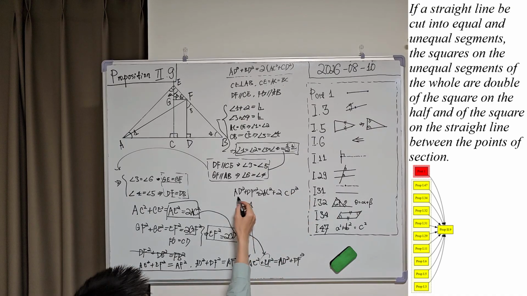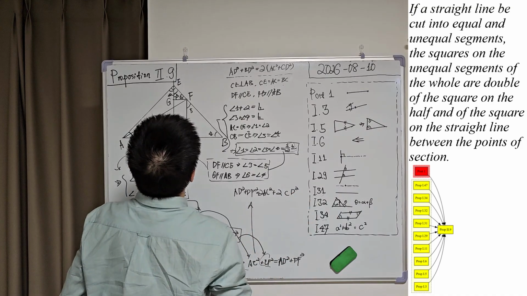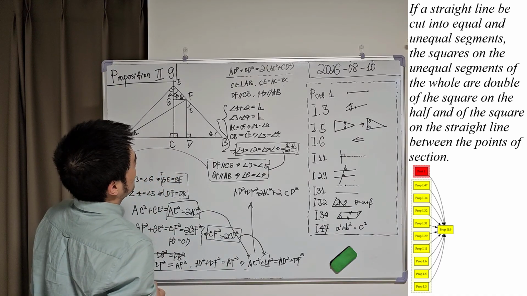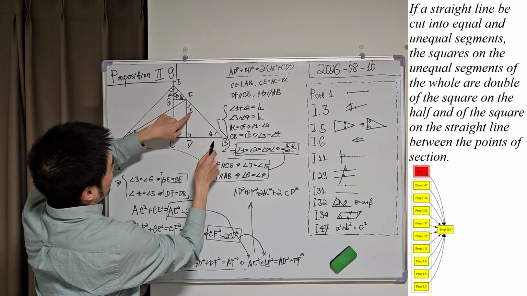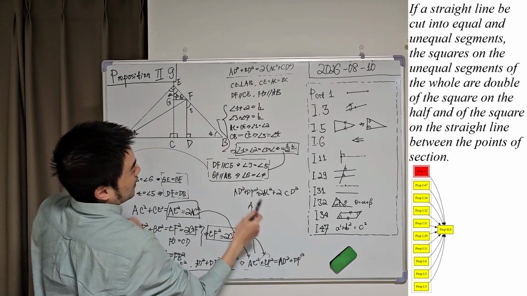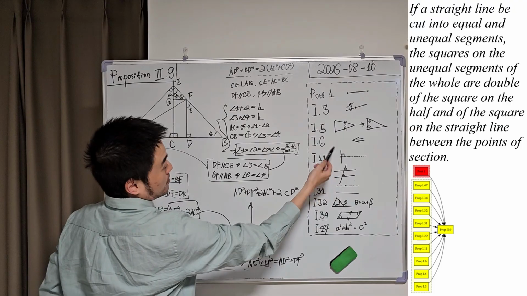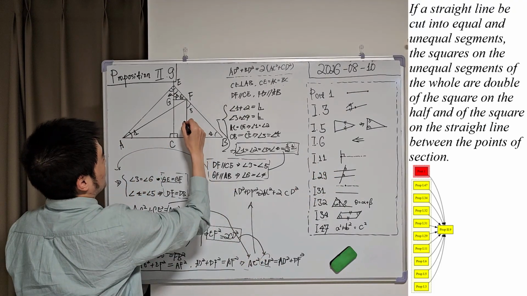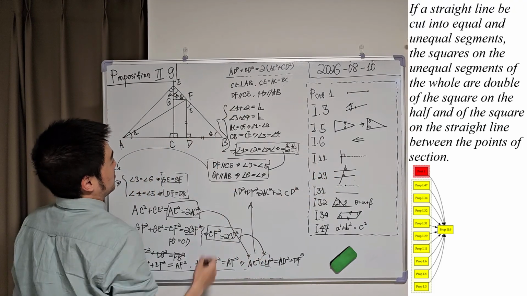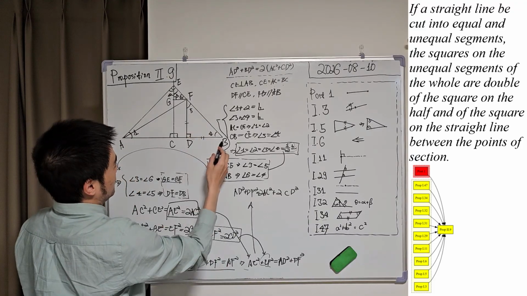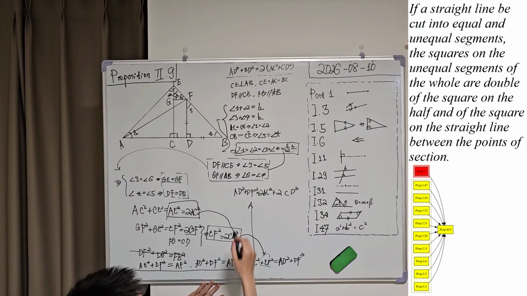Okay, so we have this conclusion, and in this triangle we know that angle 4 is equal to angle 5, and if we apply proposition 6, which is the converse proposition of 5, we know that these two sides must be equal. So FD is equal to BD, and let us replace DF with BD.